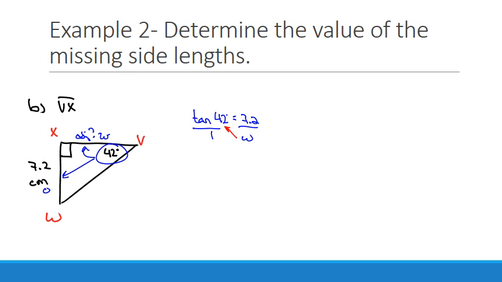I want to bring that W to the left side. So W times tan 42 equals 1 times 7.2, which we already know is just going to be 7.2. Then I want W by itself, so I'm forced to divide both sides by tan 42.